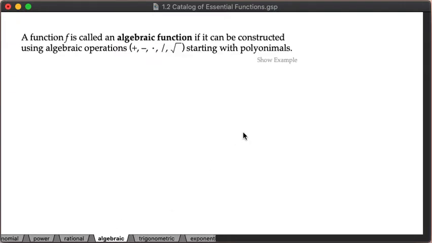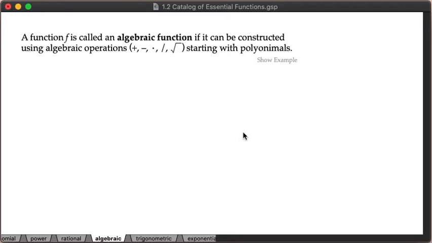An algebraic function, you may or may not have heard this before, is any function that can be constructed from polynomials using addition, subtraction, multiplication, division, or roots, not just square roots, any roots. So basically using rational powers.